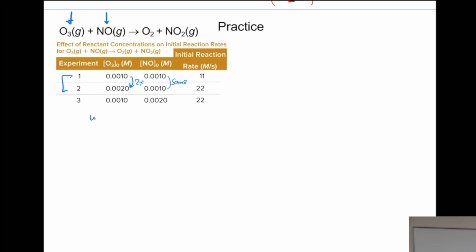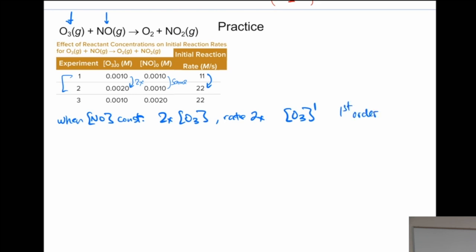Let's just be thorough. When NO concentration is constant, we're going to double the concentration of ozone. What does that do to the rate? The rate doubles. That's 2x. So which order is that with respect to ozone? First order. So ozone to the first, it's first order with respect to the concentration of ozone.